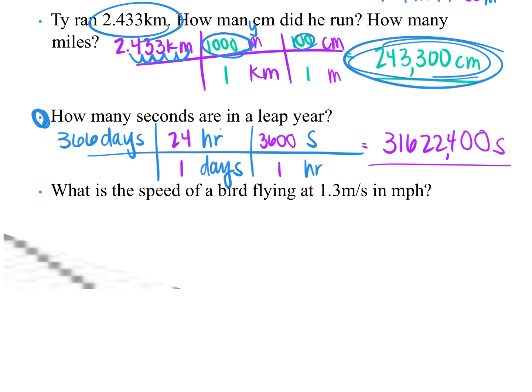So I got something in that range. 31,622,400 seconds. Are we okay with where that came from? 60 minutes times 60 seconds, right? I just took one step out of my chart. You could work it all the way out if you want. You don't have to.